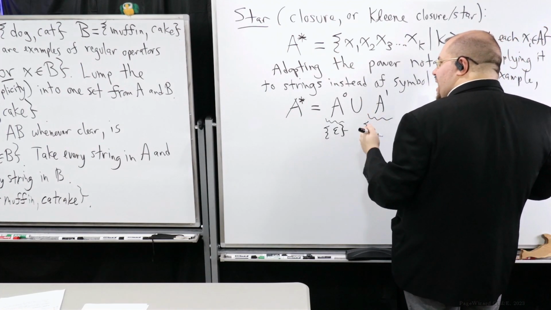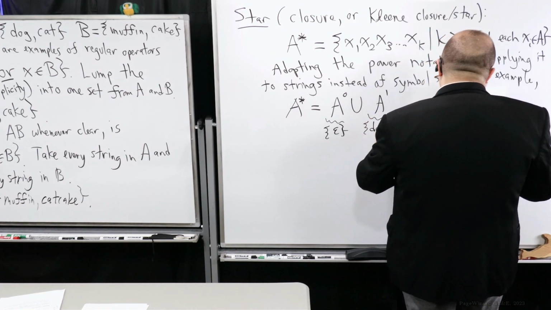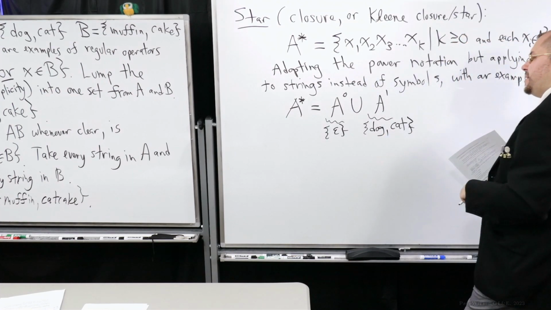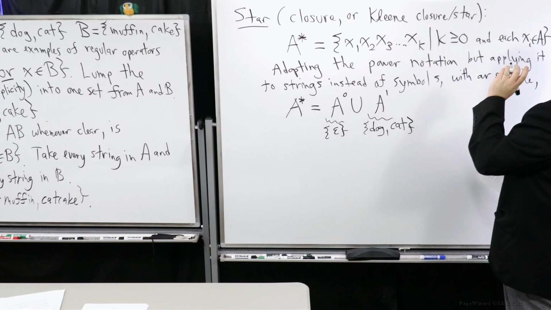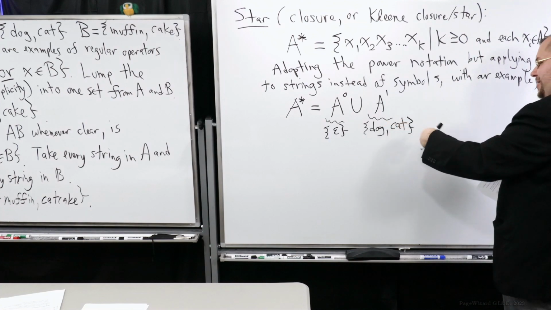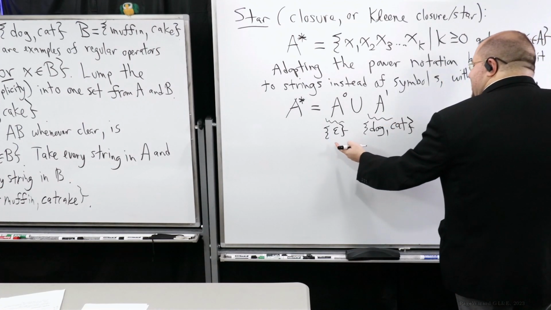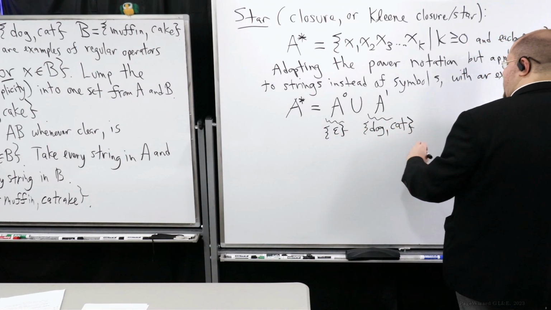So I have dog, cat. So I could pick dog or cat, right? So if I pick out none of them, I have none. But please take note, this isn't the empty language. Please take note of that.